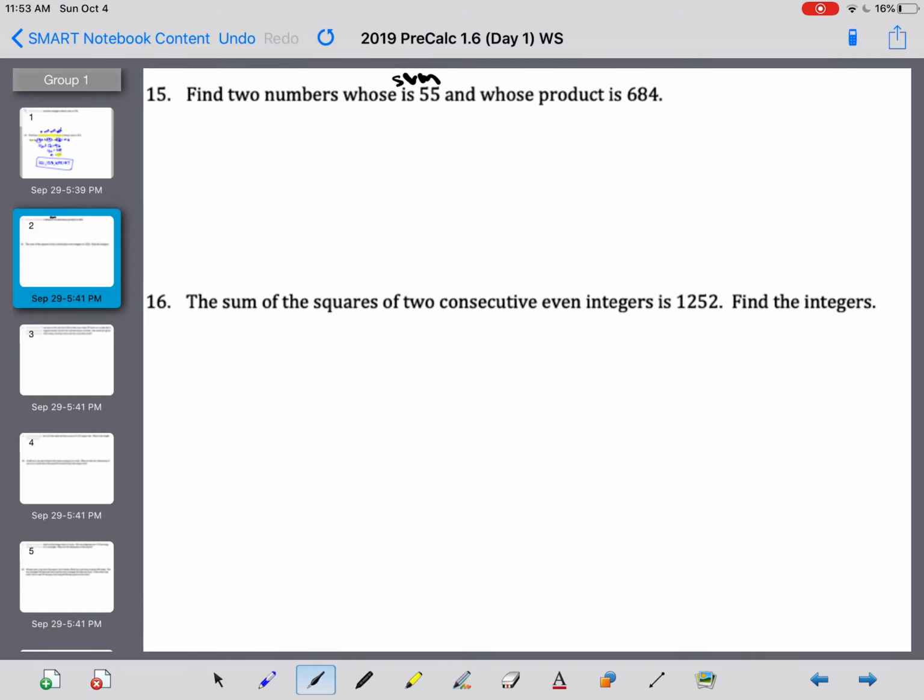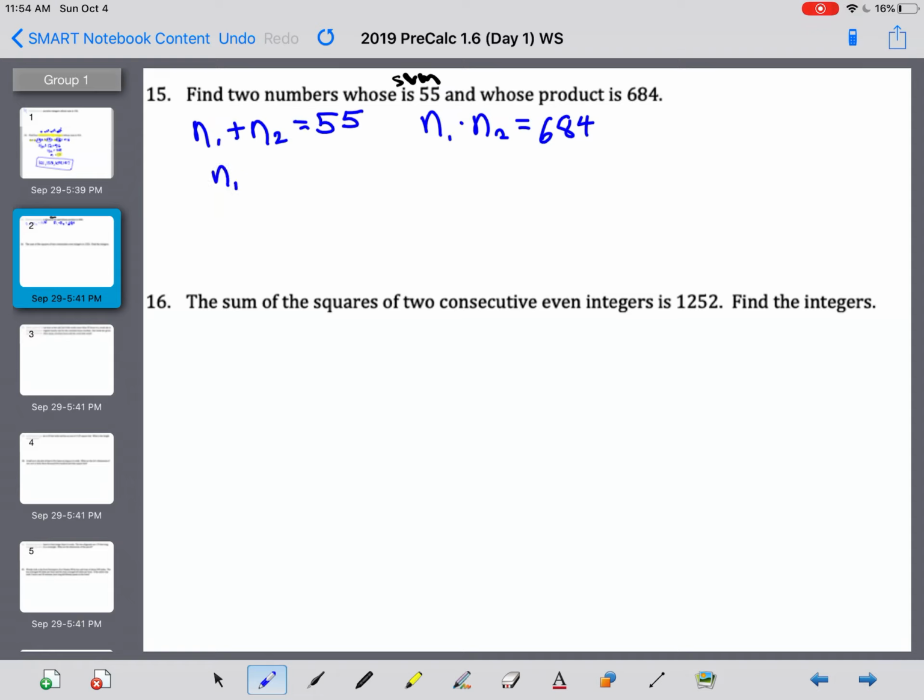There's a little typo here. So I'm going to set up 2 expressions: n1 plus n2 equals 55, and n1 times n2 equals 684. We're going to use some substitution to solve this. We have 2 unknown variables and 2 equations, so we should be able to solve this.